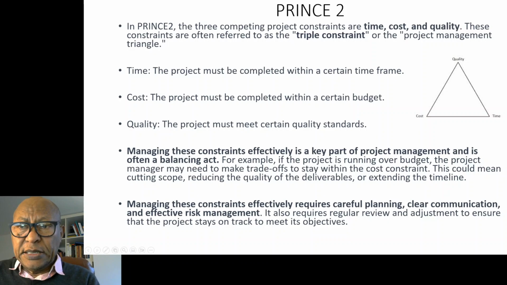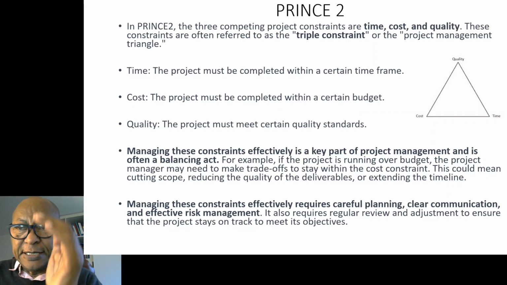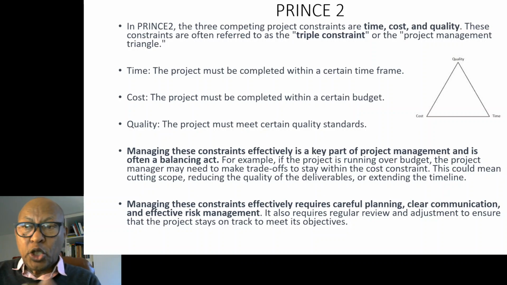So the time, cost, and quality are what we call the project management triangle. In this triangle, when the cost increases, the time required most probably increases, or the quality of the product reduces.